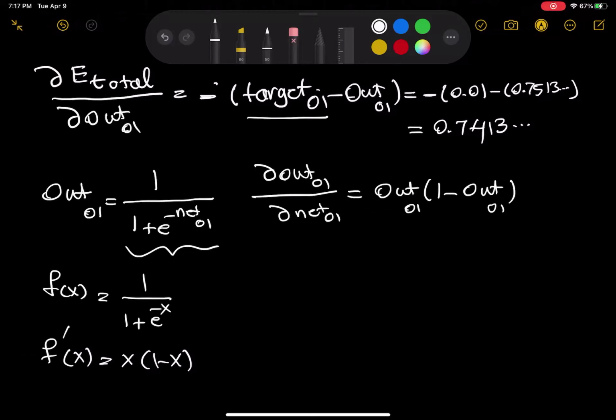So you plug in this number, because out of O1 is already known, and the number you get here is 0.1868 and so on. Let me write it down here.